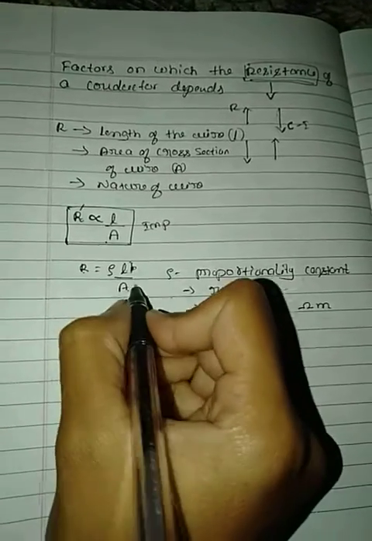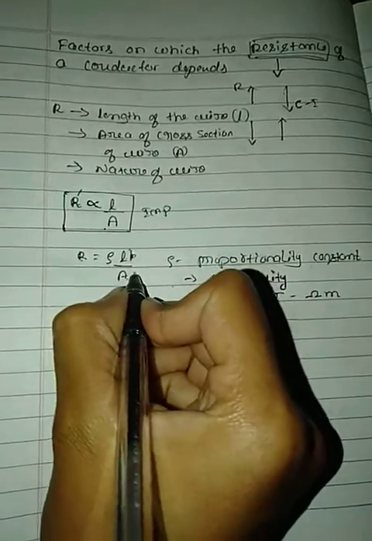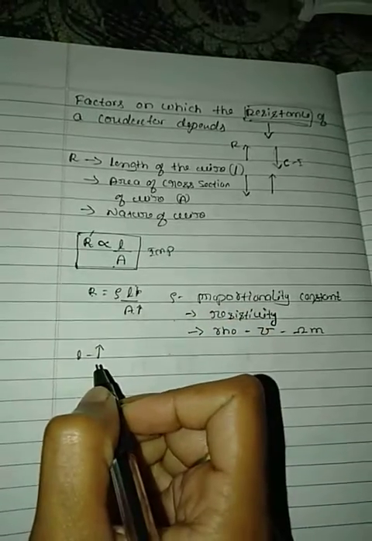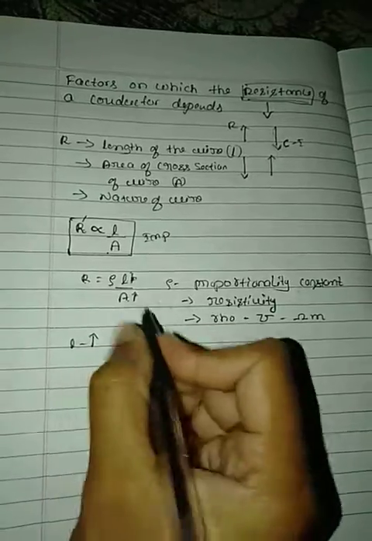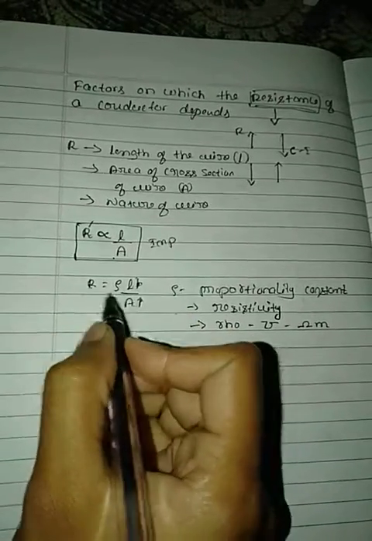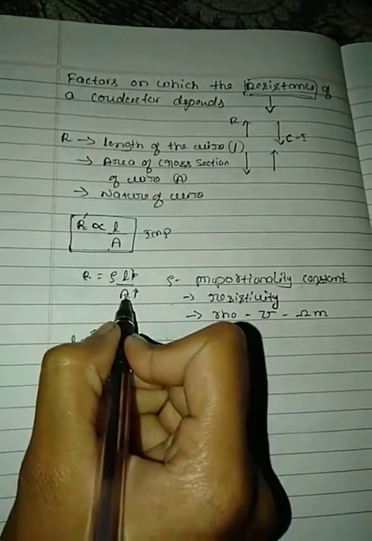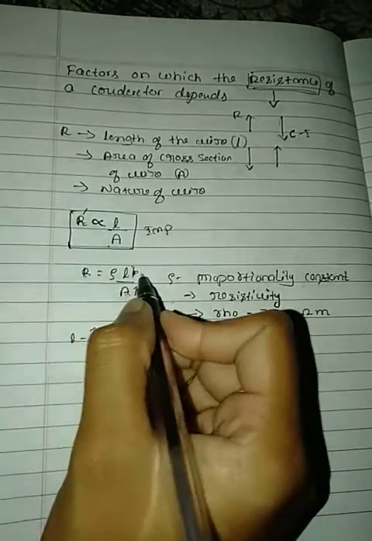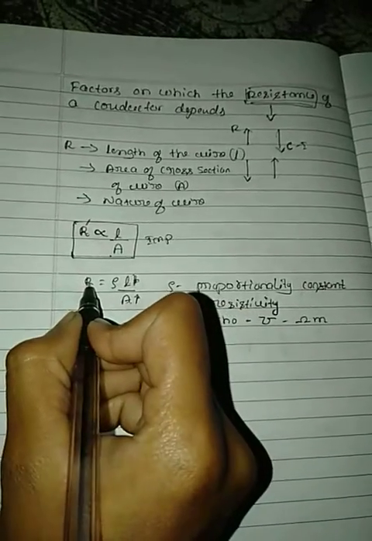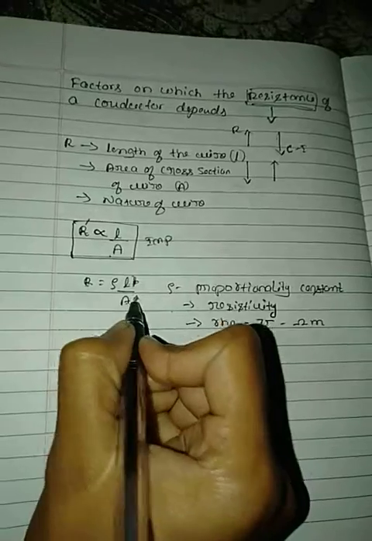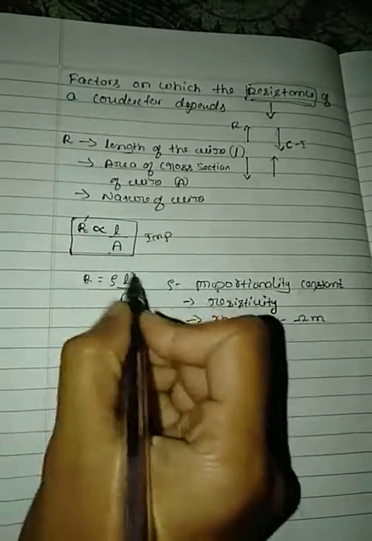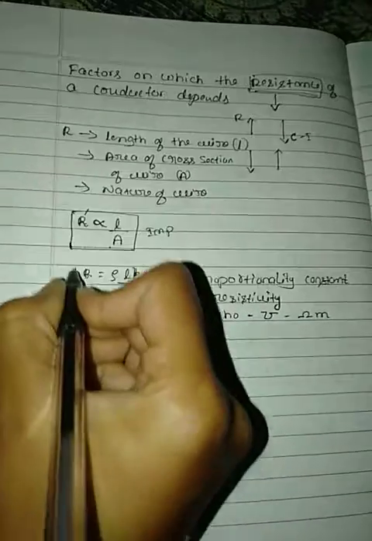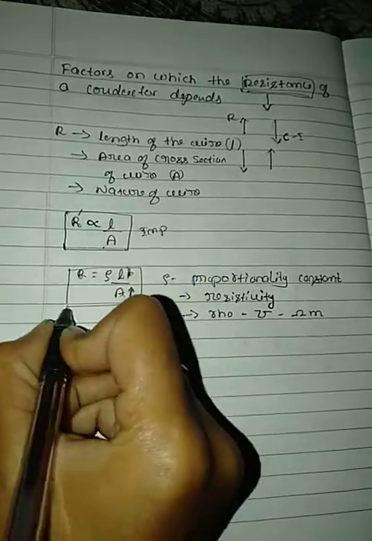If the area of cross section increases, resistance decreases because resistance and area of cross section are inversely proportional to each other. If the length increases, resistance also increases. If the area of cross section increases, resistance decreases. See this relation first.